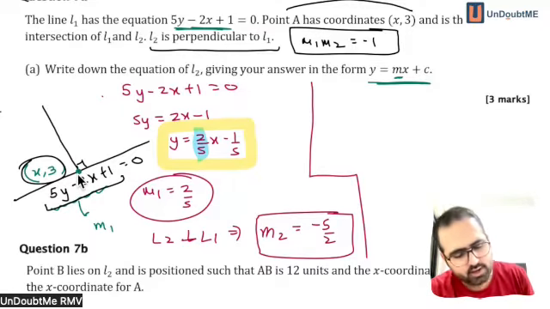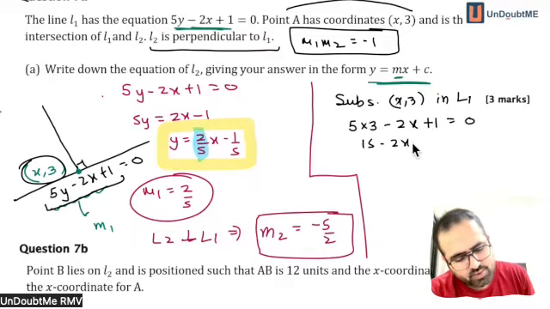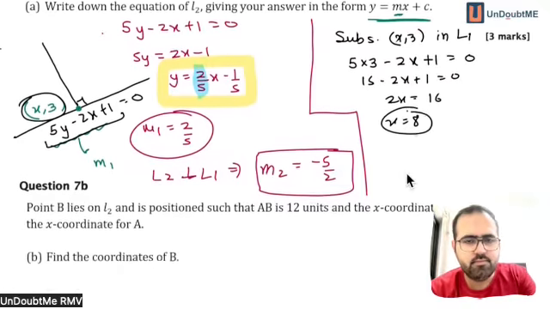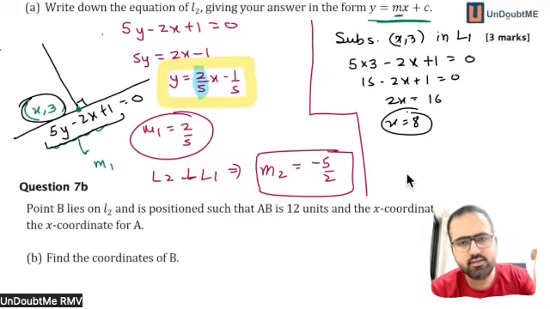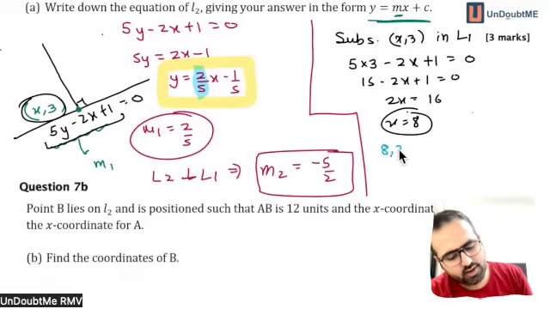Also I need 1 point, so substituting x comma 3 in L1 will give me 5 times 3 minus 2x plus 1 is equal to 0. 15 minus 2x plus 1 is equal to 0. 2x will be equal to 16 and x will be equal to 8. I got x, which means I have obtained the point. The point is 8 comma 3.